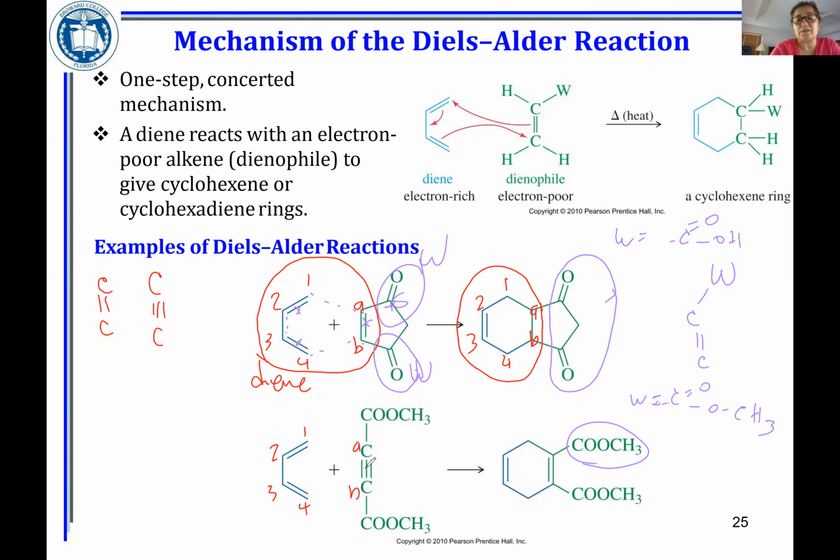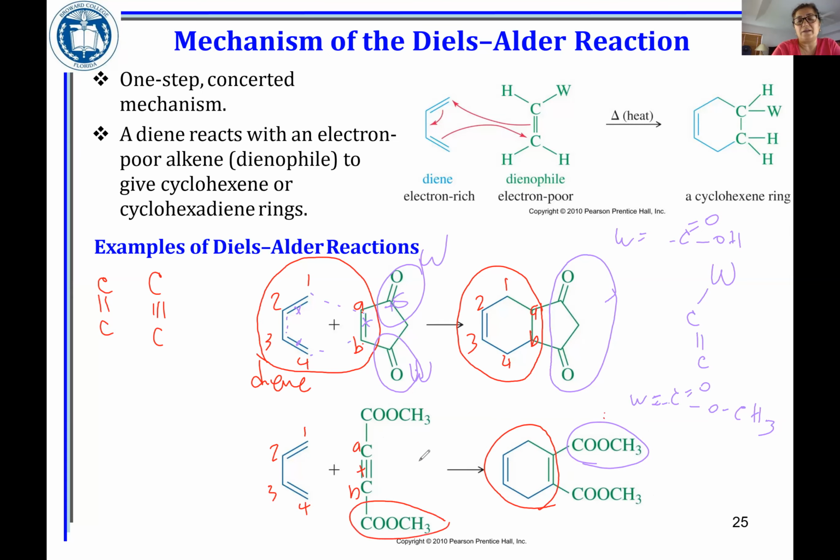On the product side, you are going to end up with another pi bond. So this would have been just a cyclohexene with no pi bond if you had a CC double bond here. Because it's a CC triple bond, one of the pi bonds would carry over. The group that is attached to the dienophile here, the ester functional group, is the electron withdrawing group, and the way that it is attached is going to stay and carry over.